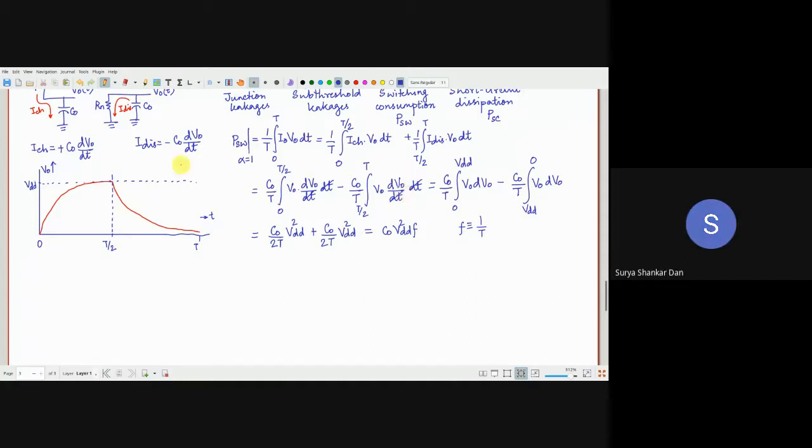What we are assuming here is that this variation occurs for every variation of the VI, which is definitely not the case. So this expression is valid only for the switching activity of 1. This is nothing other than the switching activity.